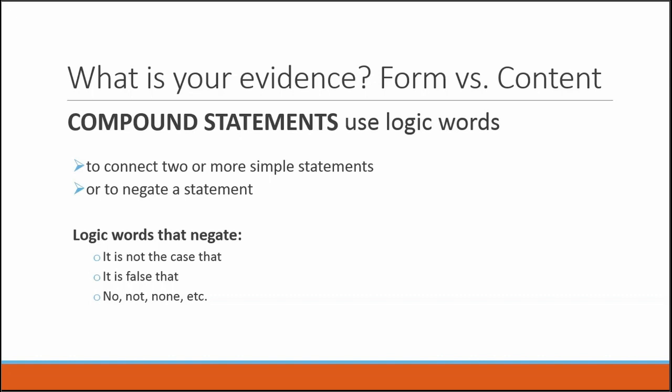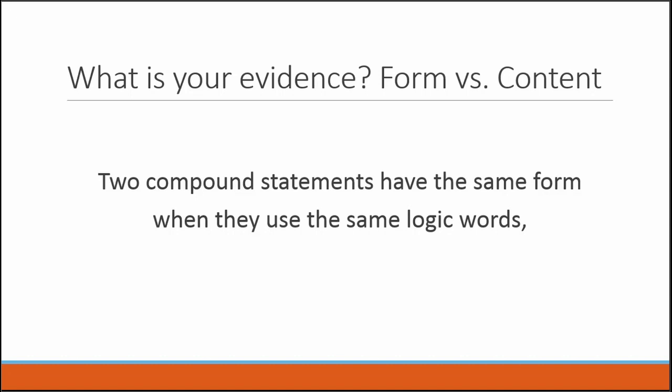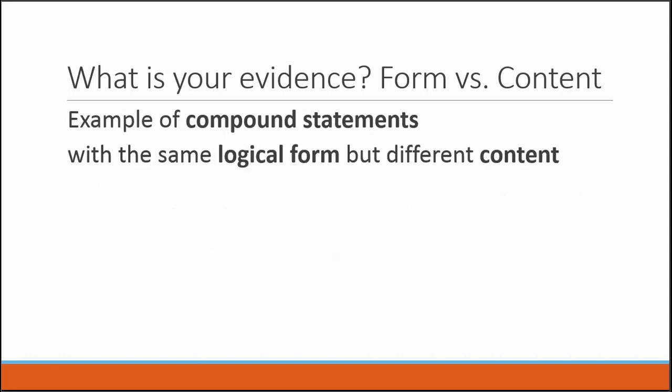Okay, so two compound statements, as I said before, have the same form when they use the same logic words or the same logical connectors. So let's clarify with some examples. Here are some examples of compound statements that have the same logical form but different content.